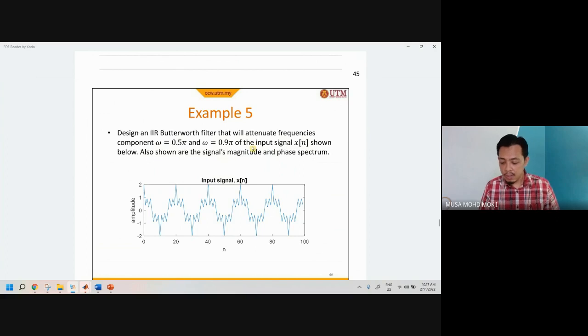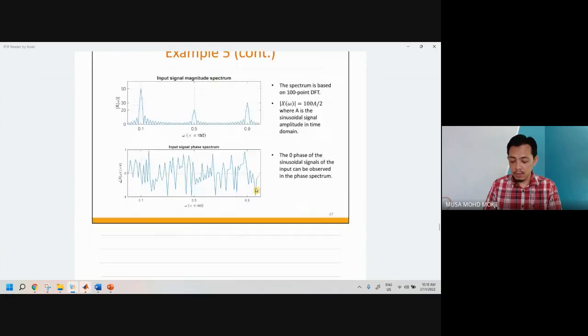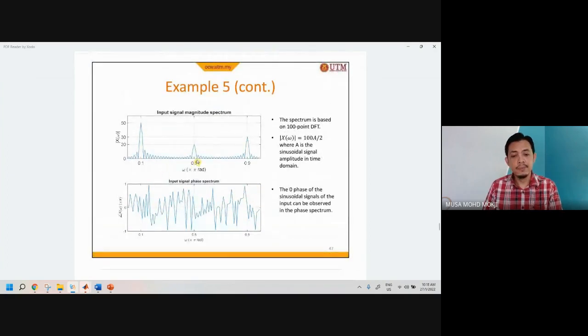It says that also shown are the signal's magnitude and phase spectrum. This is the signal in the time domain, and we are also given this, the spectrum of the input signal. Remember, when we do spectral analysis, we can do it on all three components: the input signal, the filter, and the output.